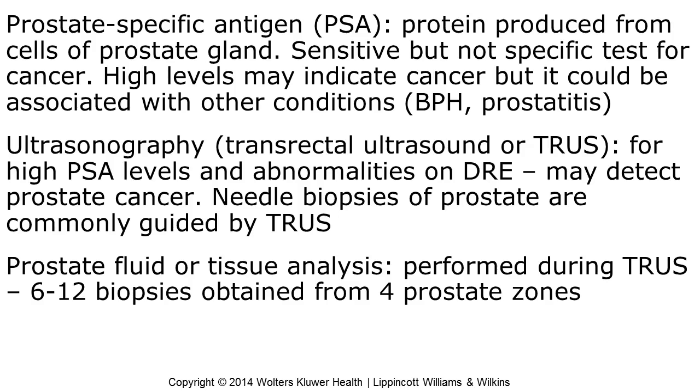So you would do an ultrasound-guided needle biopsy of the prostate. And the third point here, the prostate fluid or tissue analysis, is done when you're doing the transrectal ultrasound. You would take around 6 to 12 biopsies, and we have 4 different zones in the prostate we look at, medial, lateral, etc. So you take 6 to 12 biopsies in total and send them to the pathology lab.